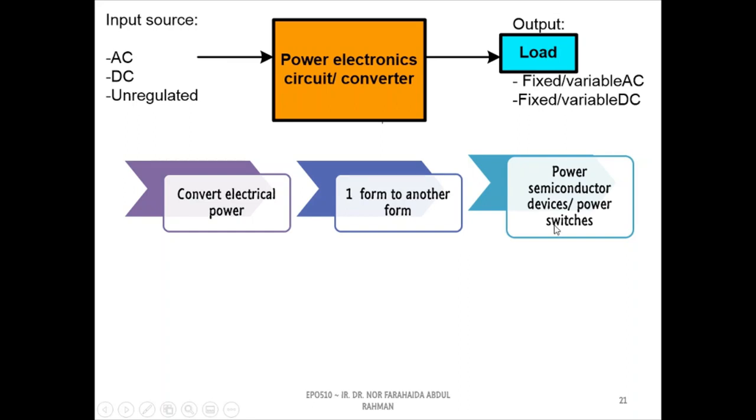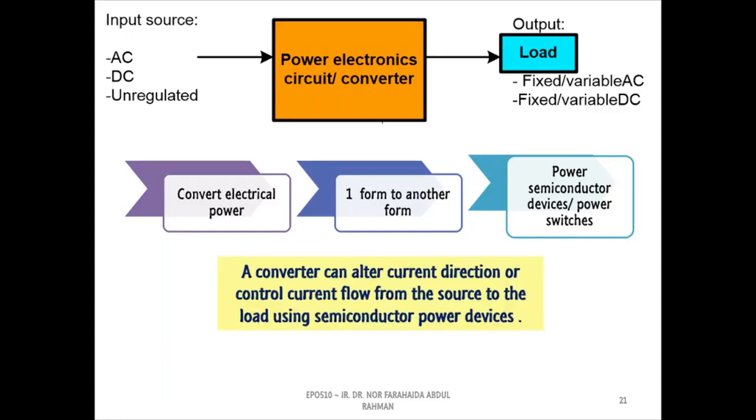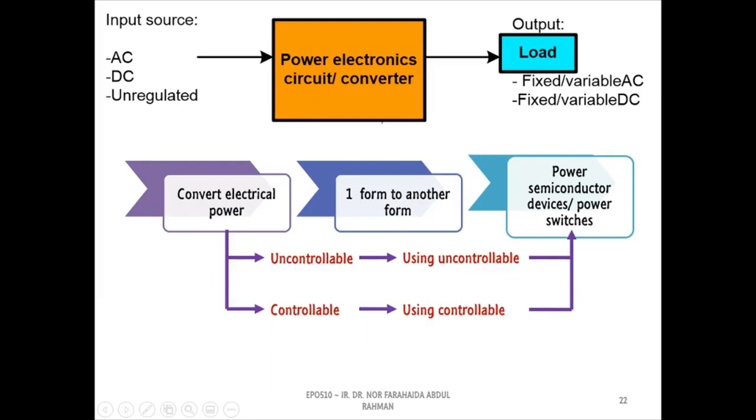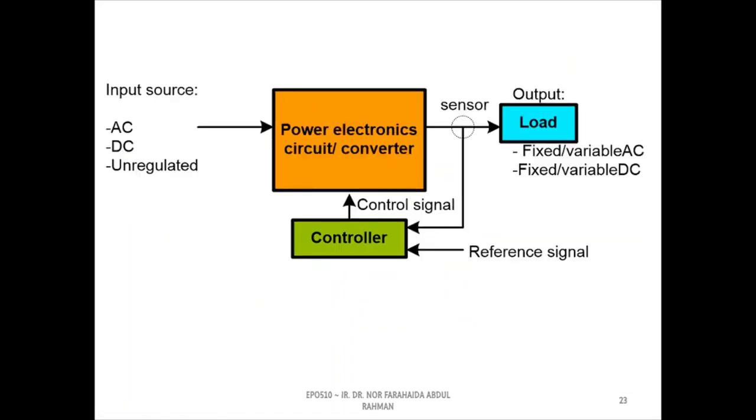To perform power conversion, the power switches are connected in a specific configuration to change the current direction or to control the current flow from the source to the load. Depending on the types of power switches, the power conversion can be either uncontrollable or controllable.